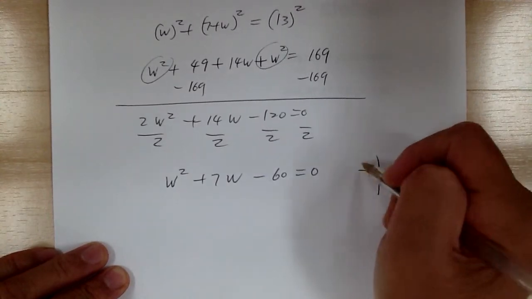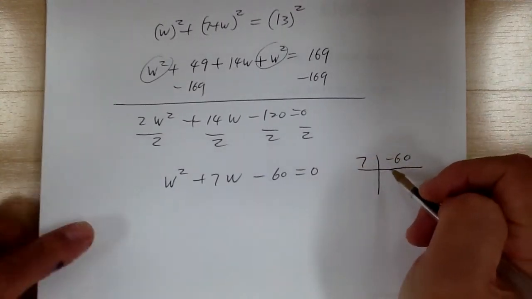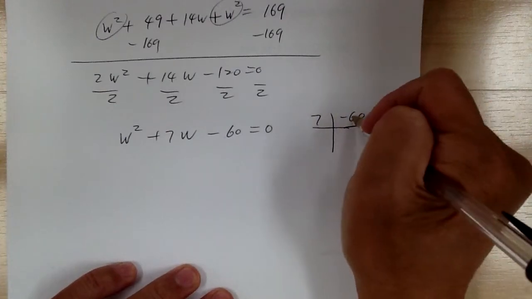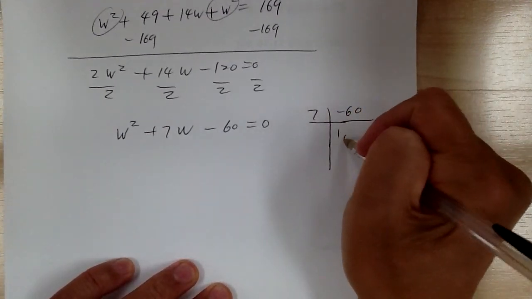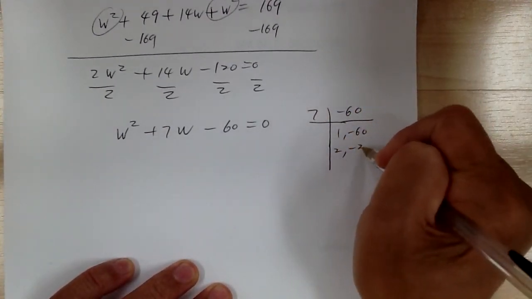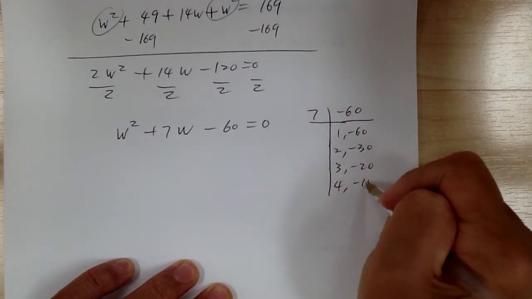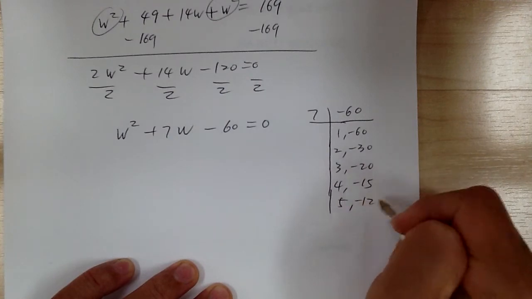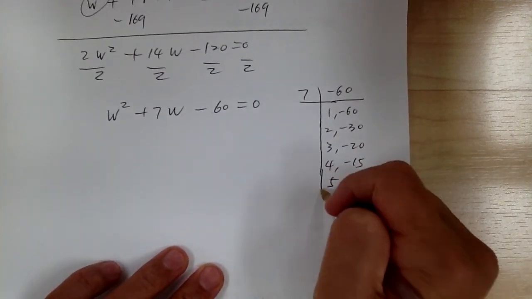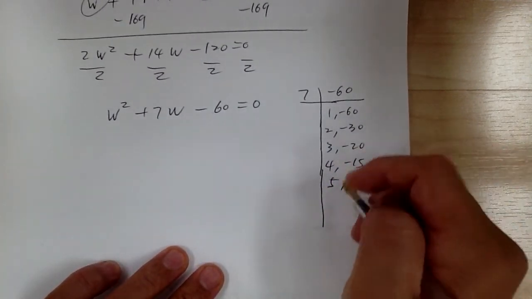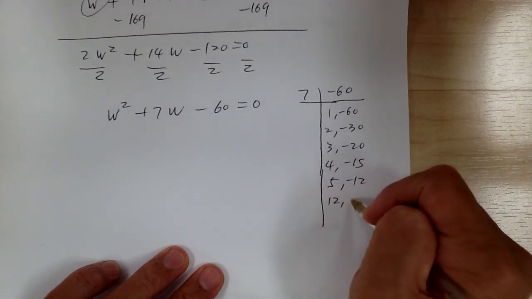Then you go and do the factoring. If it's not obvious, start with 1: 1 comma negative 60, 2 comma negative 30, 3 comma negative 20, 4 comma negative 15, 5 comma negative 12. When you get over here, you can see the numbers are correct, but the sign is opposite. So do 12 comma negative 5.